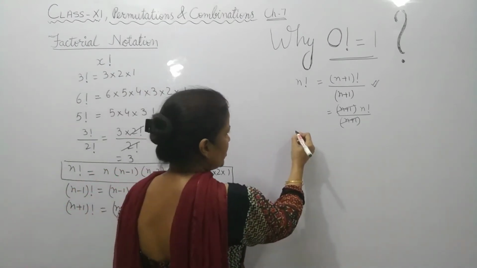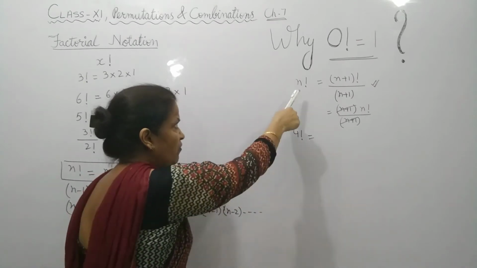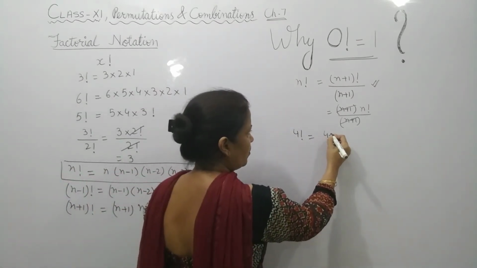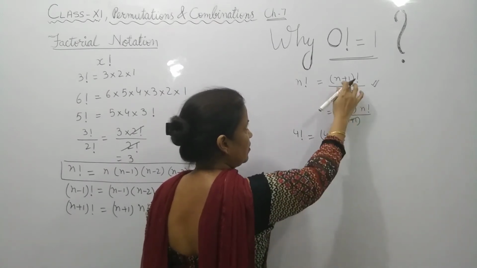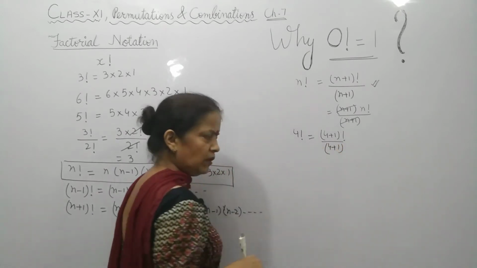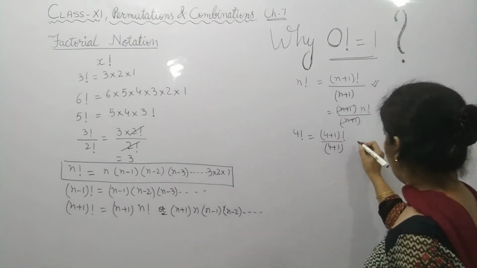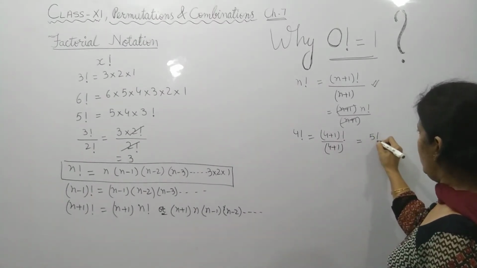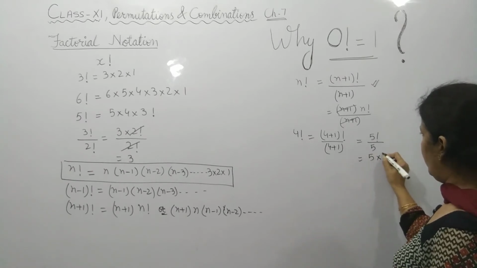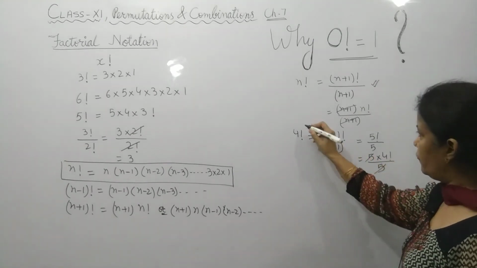Now if I have to write 4 factorial in this form, how can I write it? 4 factorial I can write as 4 plus 1 factorial upon 4 plus 1. Isn't it? Like this I can write it. Now look, if you solve it, this is 5 factorial upon 5. It will come as 5 into 4 factorial upon 5, which will be cancelled out, so you get 4 factorial.